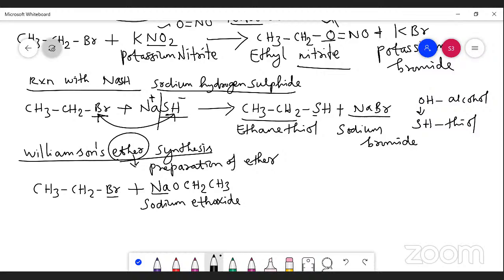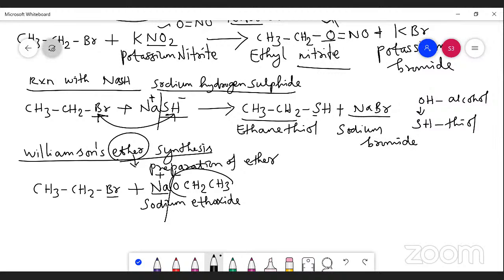But this compound sodium ethoxide I can split like this: Na plus and OCH2CH3, which is the minus part. This is the nucleophile.